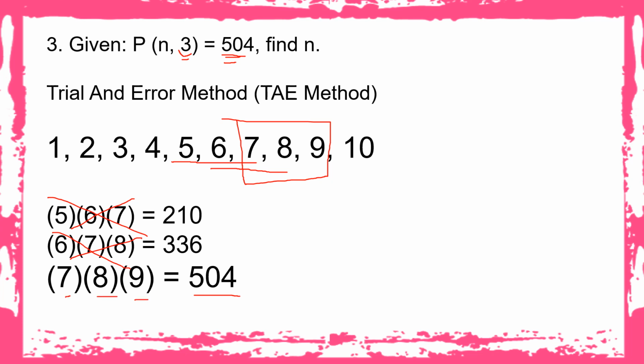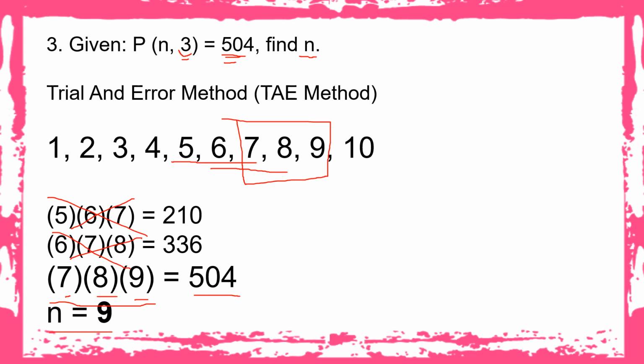So this time, we need to find the value of n. Just look at these 3 consecutive numbers, what is the biggest number? 7, 8, or 9? Very good. So the value of n is equal to 9.